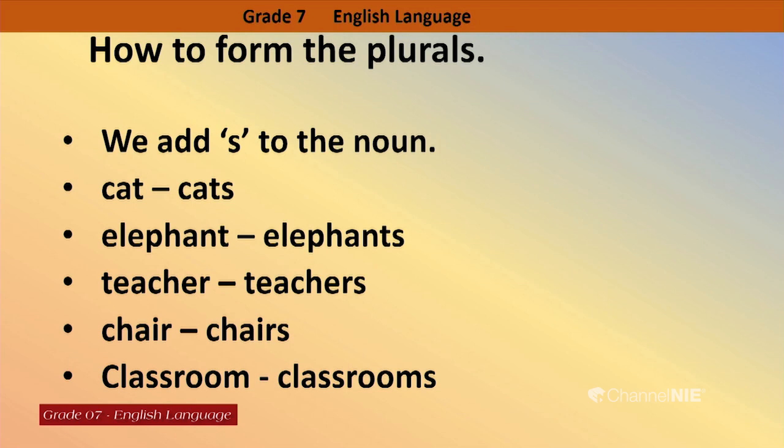There are a lot of classrooms in your school and you study in your classroom. So, the change you must remember: 1 classroom, more than 1 classrooms. 1 chair, chairs more than 1. 1 teacher, you get your class teacher 1, but for other subjects you get lots of teachers.